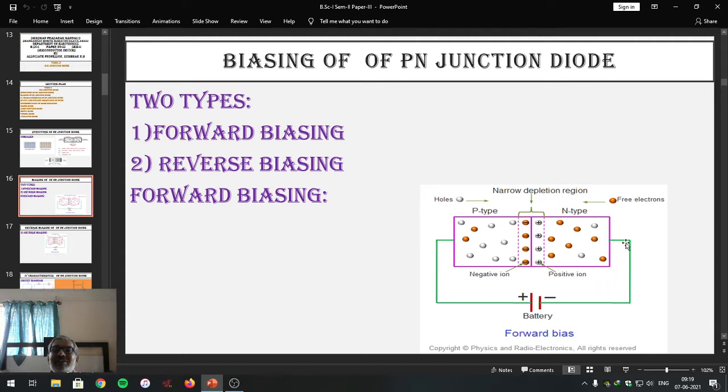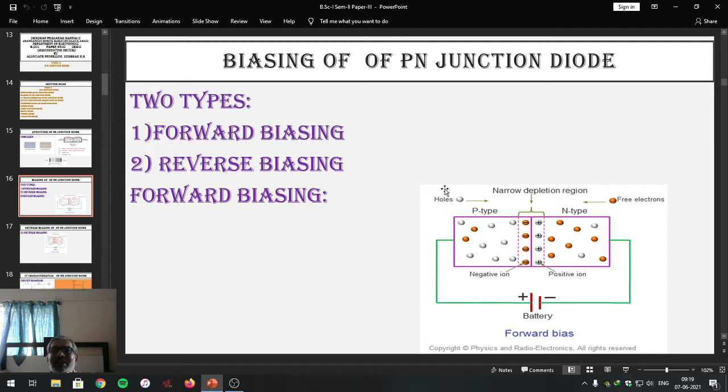Thus, we can say biasing is needed to make the PN junction diode conducting, to make it workable. Dear students, there are two types of biasing of the PN junction diode. One is forward biasing and the second one is reverse biasing. Both biasing we are going to study today. Let me begin with the forward biasing of PN junction diode.